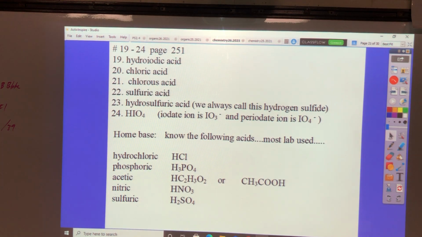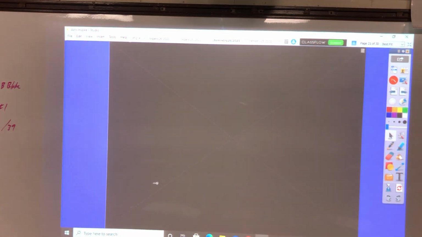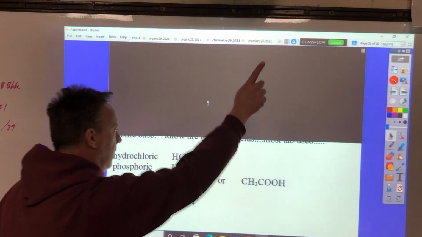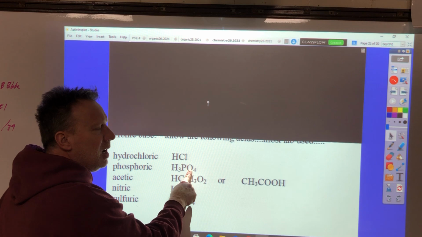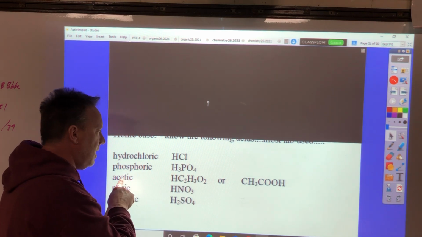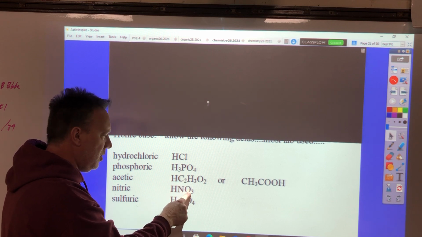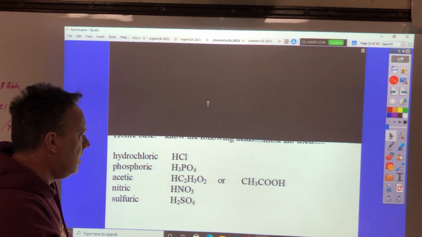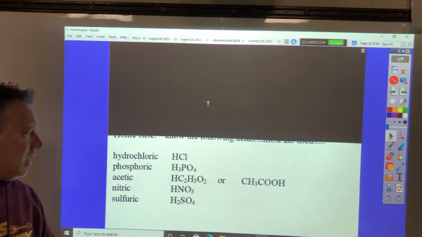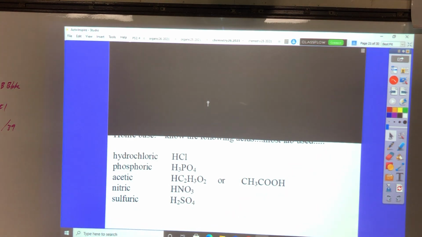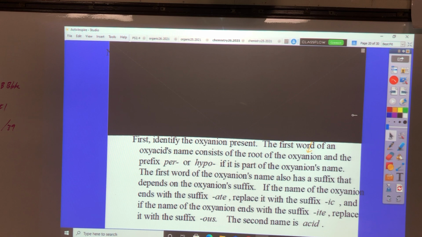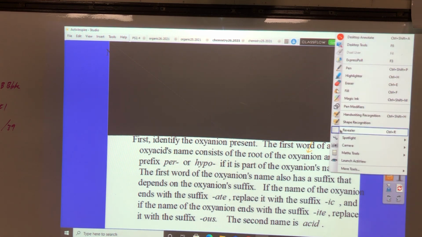Now, that's easy because if you know chlorine is Cl, and this is the phosphate ion, so it's phosphoric acid, and this is acetate ion, so this is acetic acid, and you know this is the nitrate ion, so it's nitric acid, and you know this is a sulfate ion, so it's sulfuric acid. That's easy, and these are the acids you're almost always using. So that's the good news.